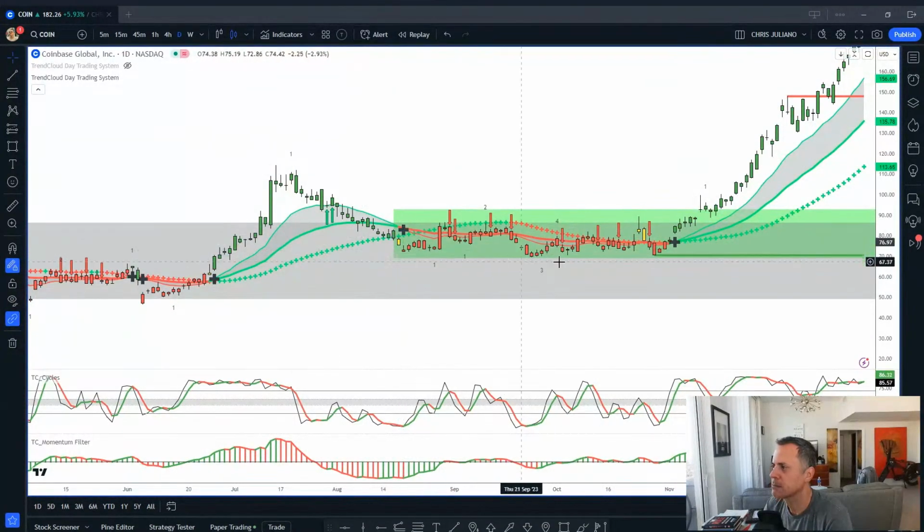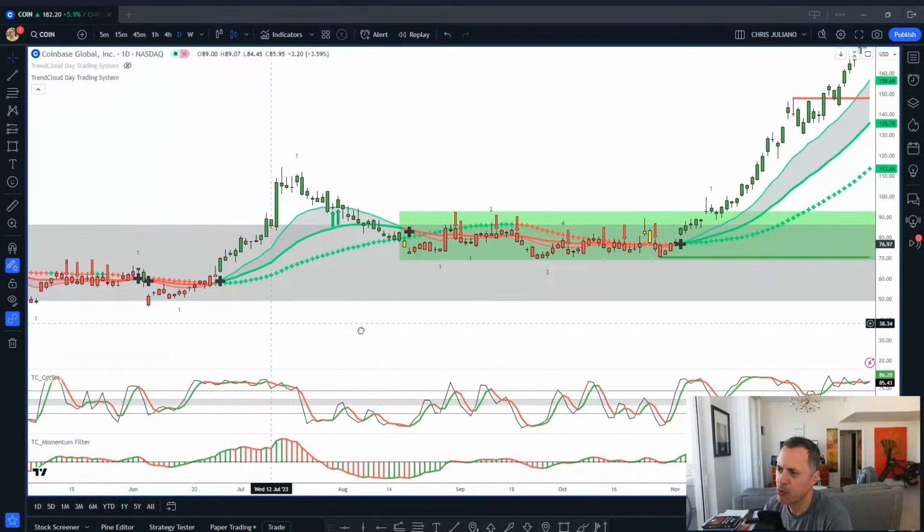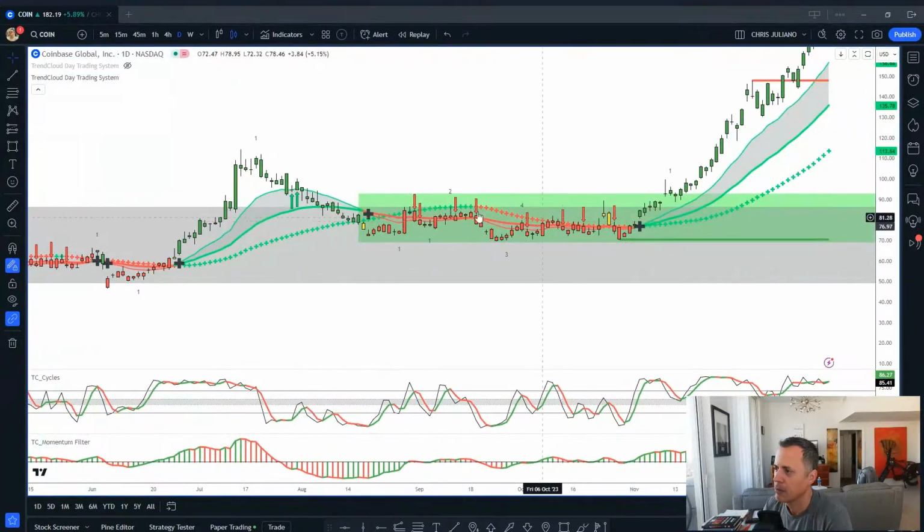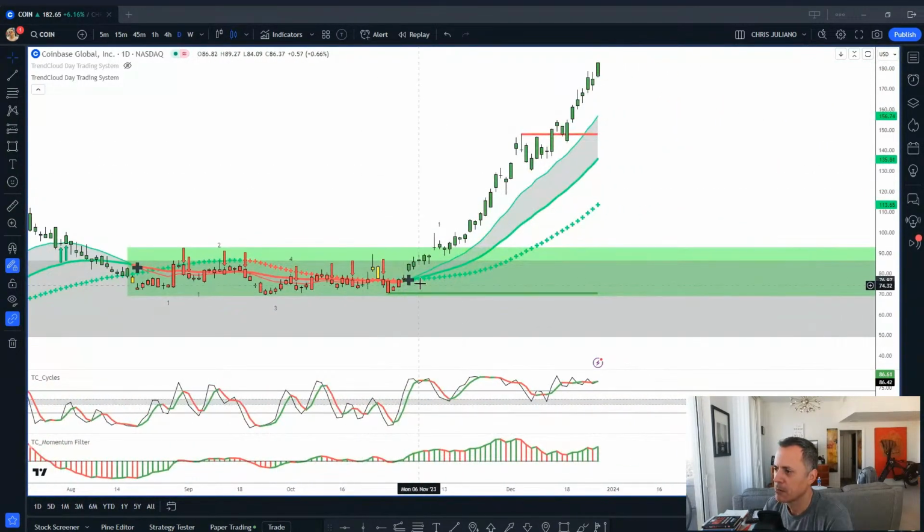pulled back. This is what's called a box inside of a box, right? Went sideways again. TrendCloud signal. Here's your crossover. You always buy on the crossover, okay? So right here, buy it right here, start accumulating, and this thing just never took off. So the crossover took place on November 2nd, 2023, okay, right here.